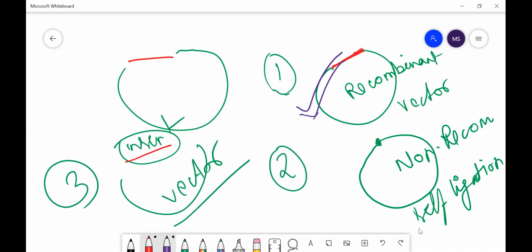So for this, we need a selectable marker. Your vector must have one selectable gene where we can select the cell which carries your recombinant vector.